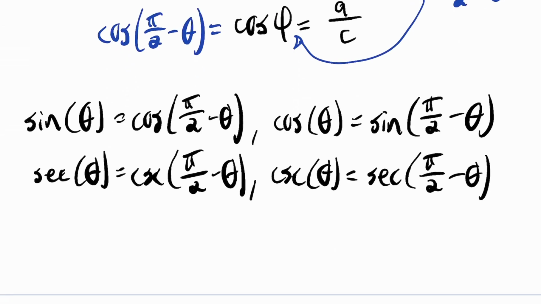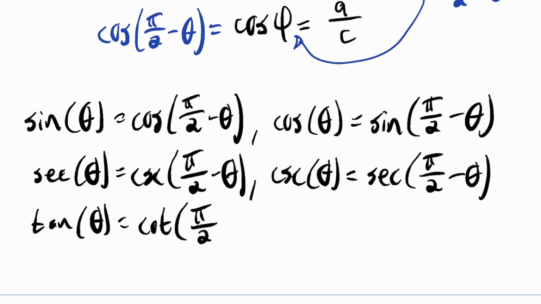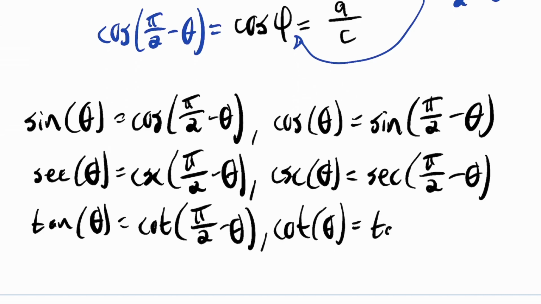Tangent theta equals cotangent of pi over 2 minus theta, and then cotangent of theta equals tangent of pi over 2 minus theta.